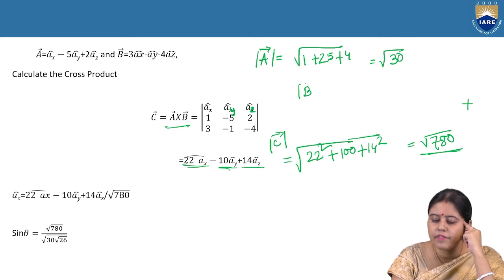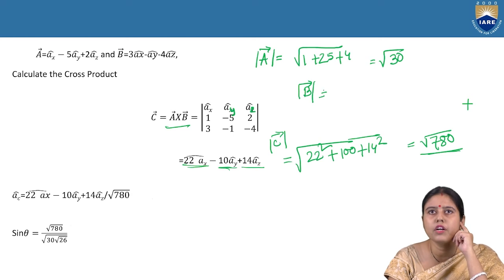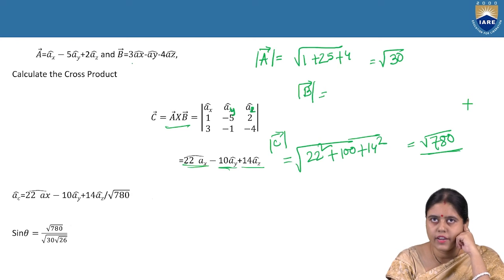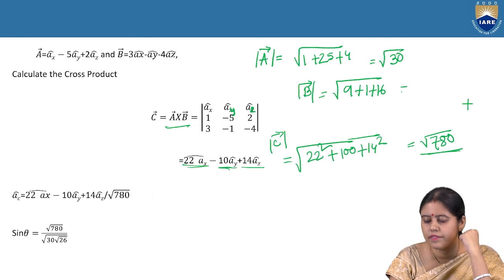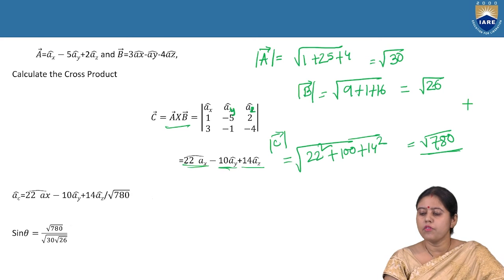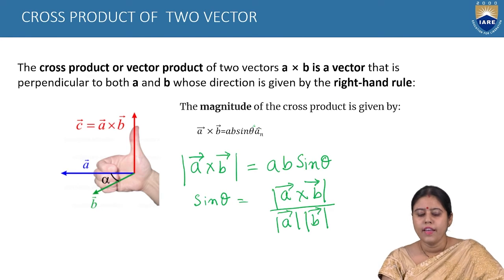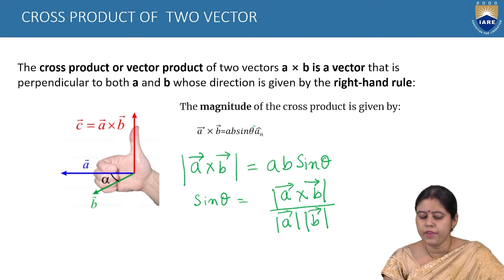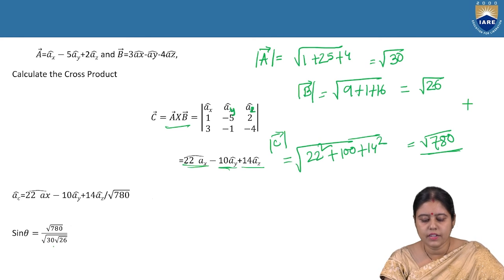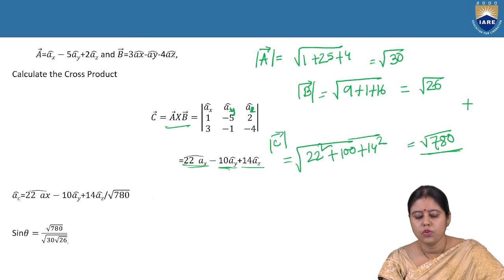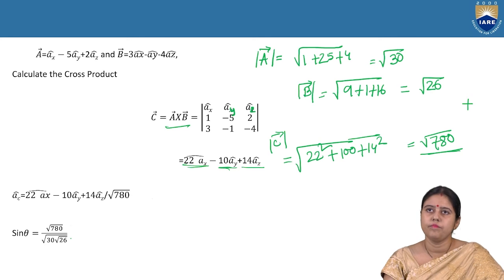What is mod B? 3 square plus 1 plus 4, 9 plus 1 plus 16, root of 26. So according to our formula, the magnitude of A cross B is root 78 divided by root 30 root 26.